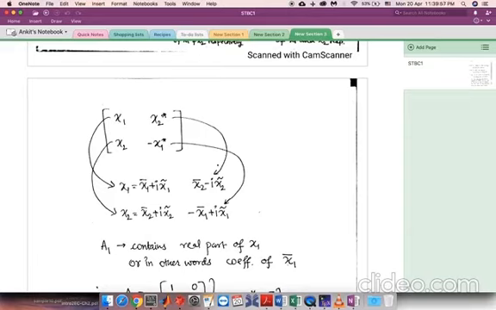If x2 is x2 bar plus iota x2 tilde, then x2 conjugate would be x2 bar minus iota x2 tilde, the conjugate of this, right? Similarly, x1 conjugate would be x1 bar minus iota x1 tilde, and then multiplying with minus, it becomes minus of x1 bar plus iota x1 tilde, right?